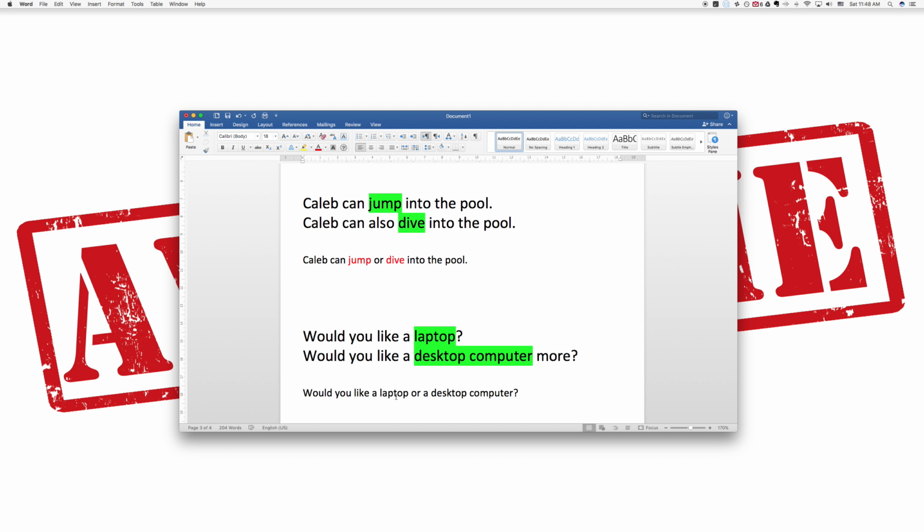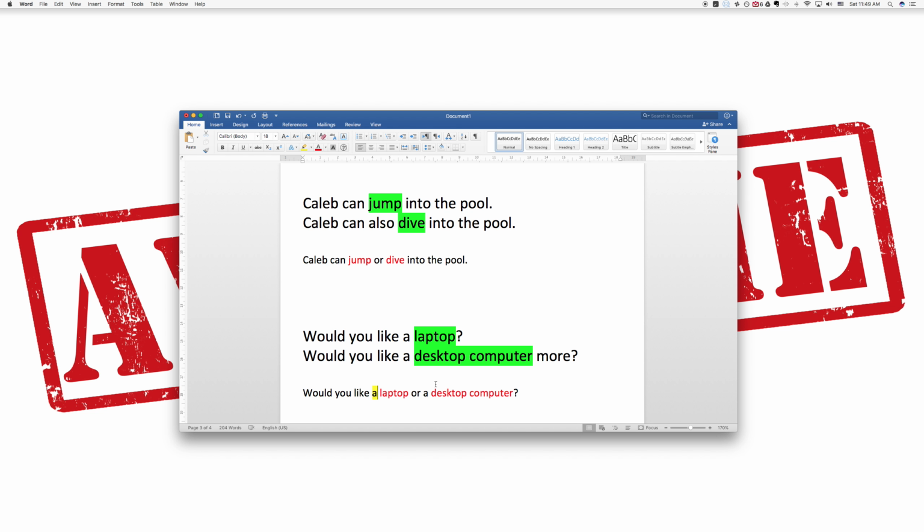So or in this case refers to an object, a laptop or a desktop computer. So notice the difference between the two examples. I can either provide a choice of activity, in this case jump, dive, or a choice of objects, laptop or desktop computer.